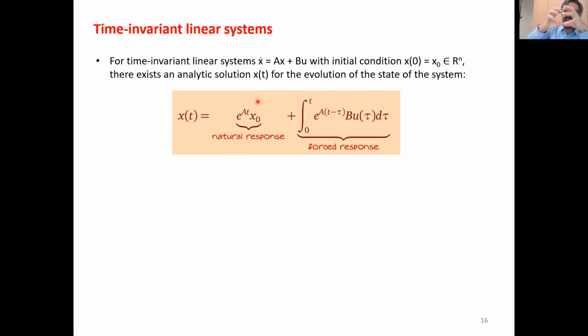Think of a spring. If we move it out from the resting equilibrium point and let it go without any input, it will start to oscillate. And this is the natural response. If you are forcing the spring externally with a force, then you have the forced response. And you need to think about a swing, an altalena.